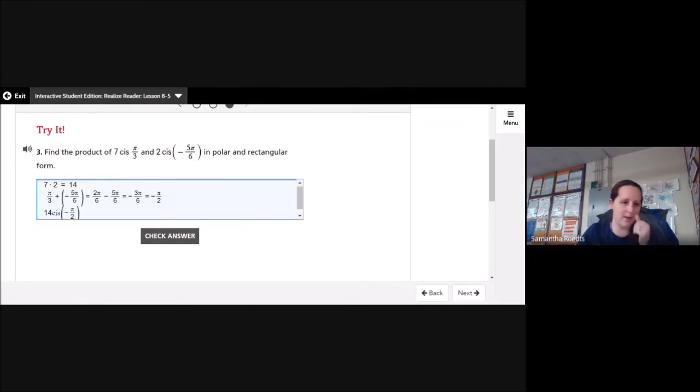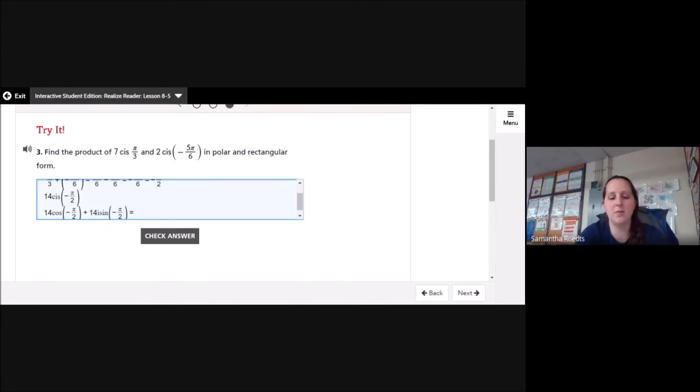Okay, and then when I write this in, so negative pi over 2 is (0, 1). Remember, I'm taking 14 cis pi over 2, which is 14 cosine of negative pi over 2 plus 14i sine of negative pi over 2.